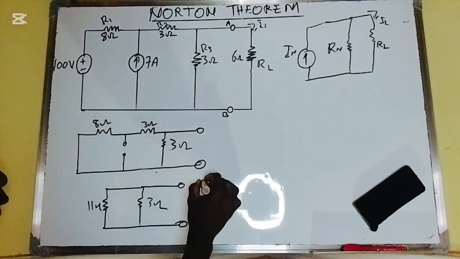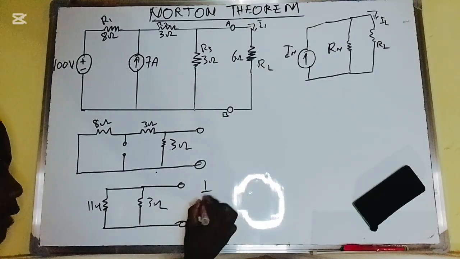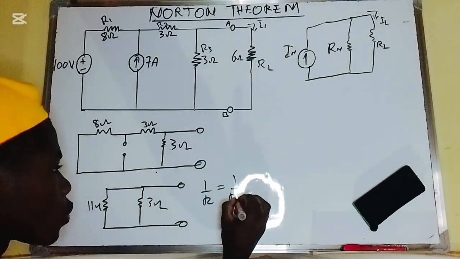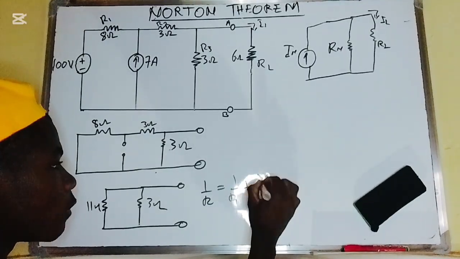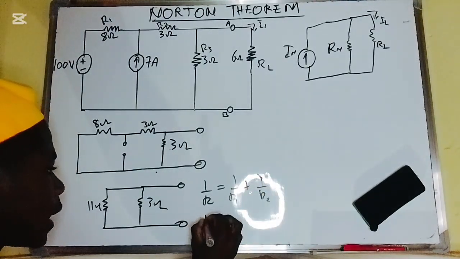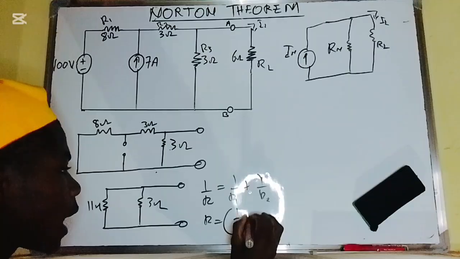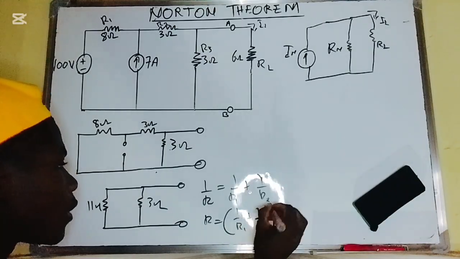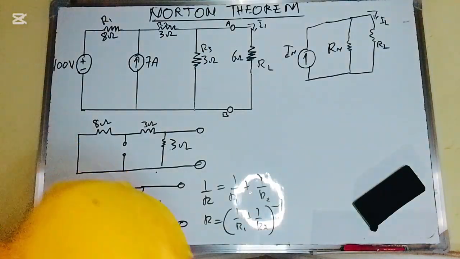Because the resistances are in parallel, we say R equals 1 over R1 plus 1 over R2, all to the power of -1. Let me check my calculator.